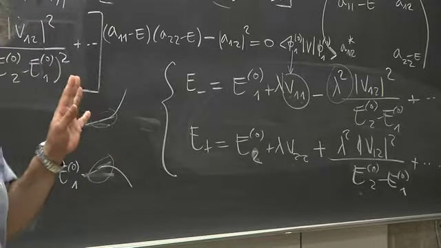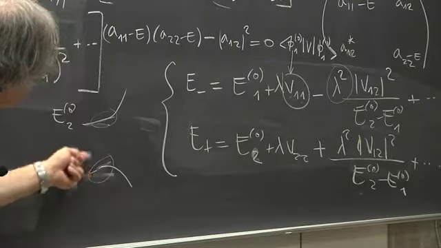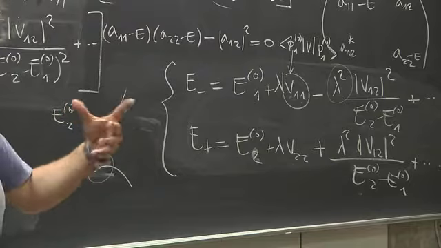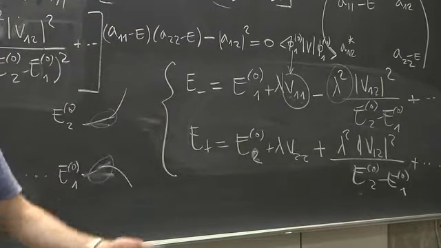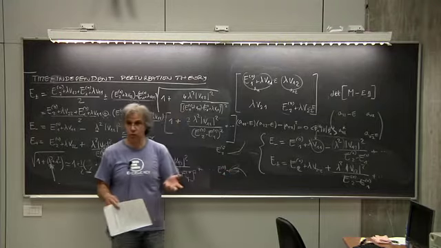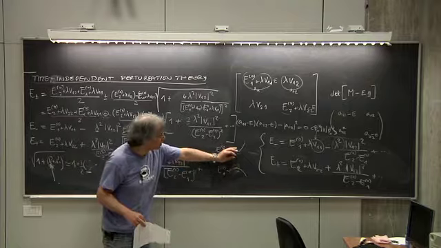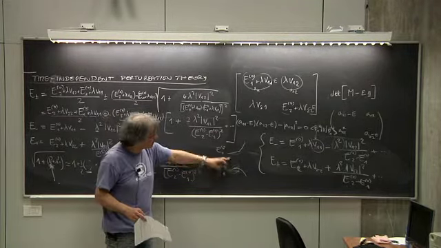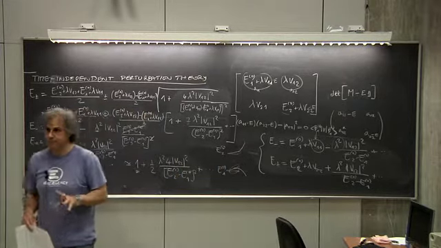As long as these are small corrections to the initial eigenvalues, you believe them. When they start to grow big, then you should worry about what happens to order lambda cubed, lambda to the fourth, and so forth. So this allows you to calculate small shifts of non-degenerate levels, in the sense that the two eigenvalues are separate. Good.